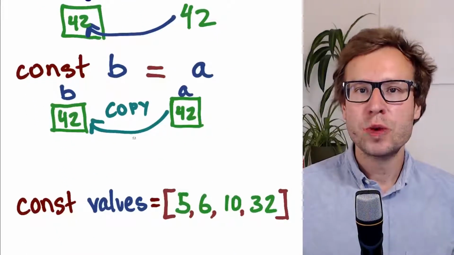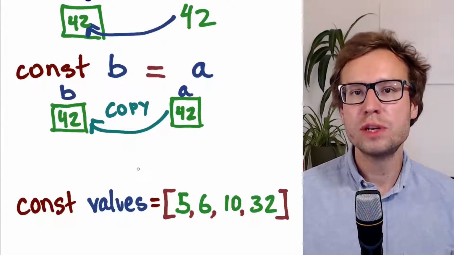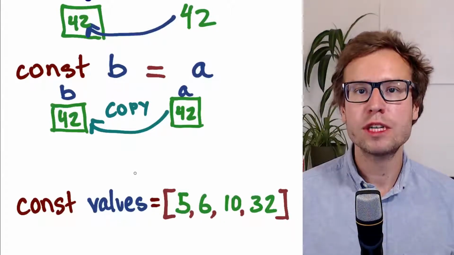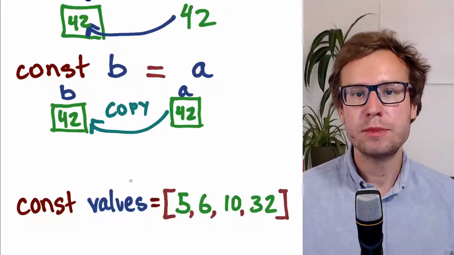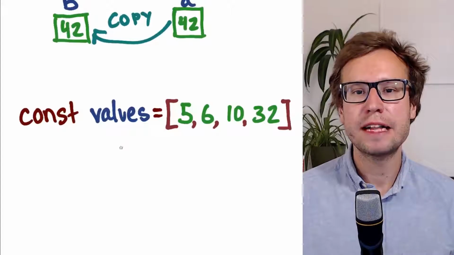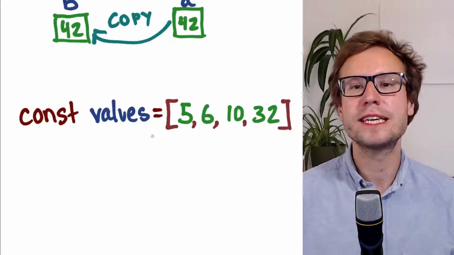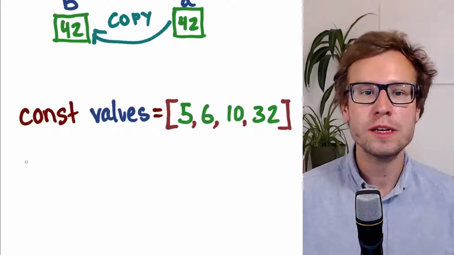What about with values that aren't simple, so-called primitive values? What if we go to arrays, objects? What happens if we have a value here? Well, we have a variable called values.